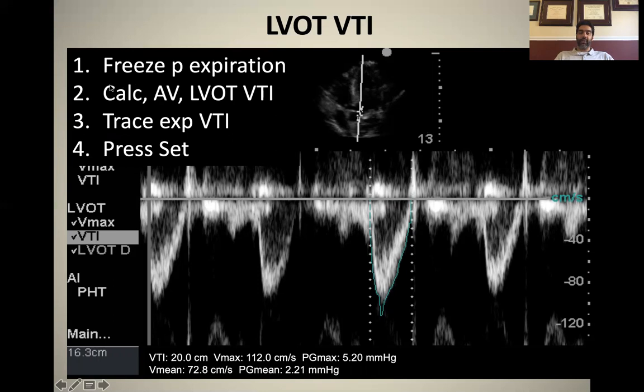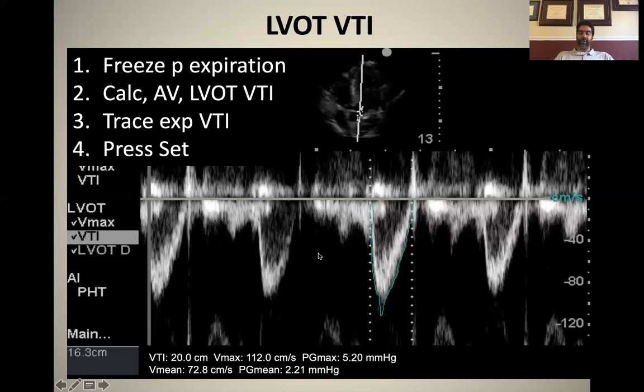You're going to hit your calc, select AV for aortic valve and LVOT VTI. Okay, now VTI stands for velocity time integral. If you remember back from high school calculus, the integral in calculus is the area under a curve. So your VTI is the area under your velocity time curve, okay? So you'll turn that on.